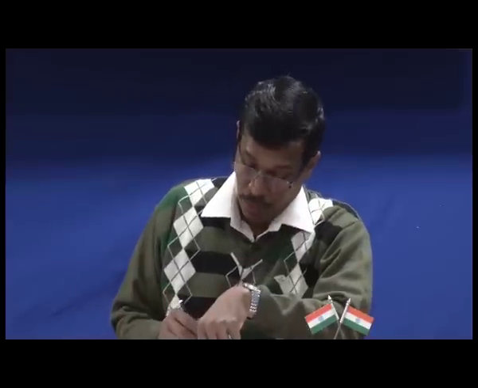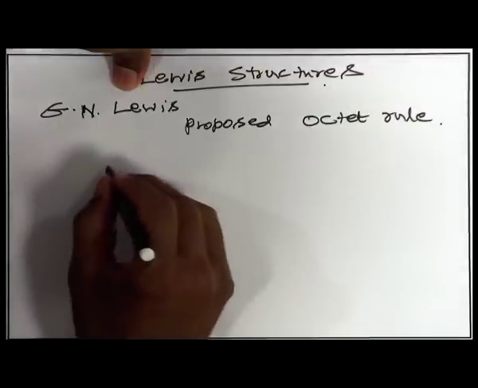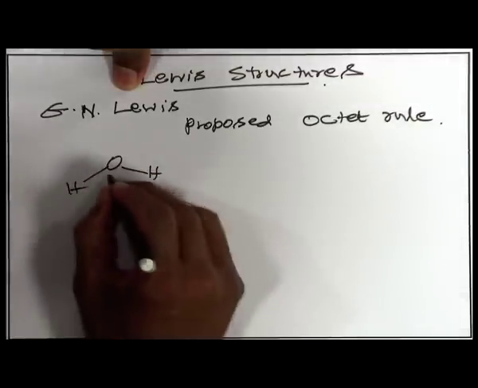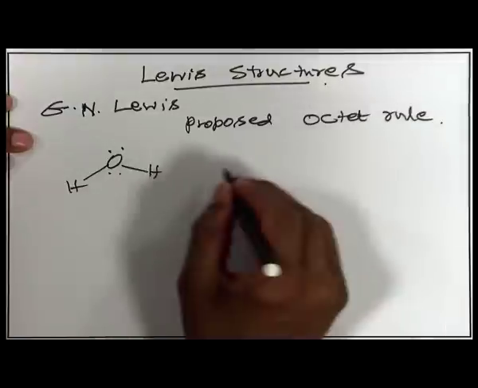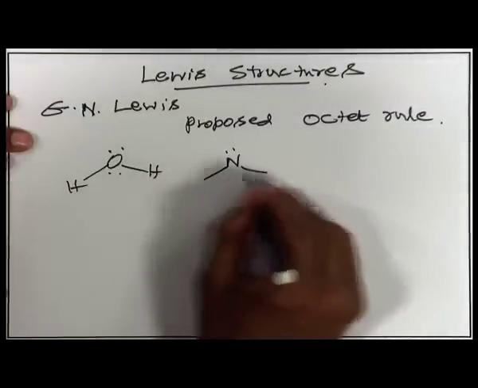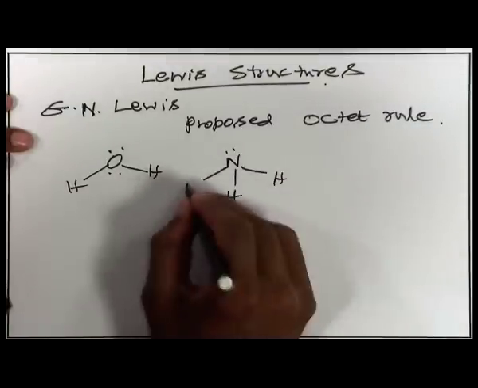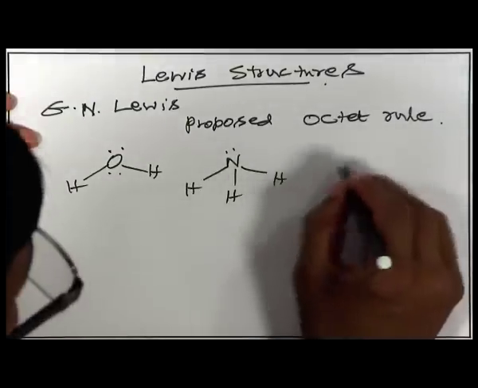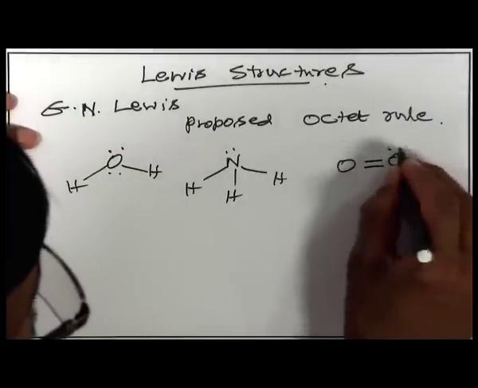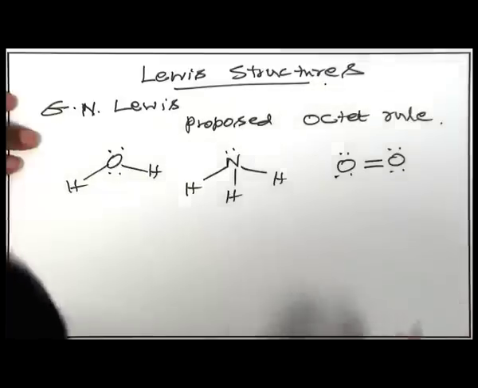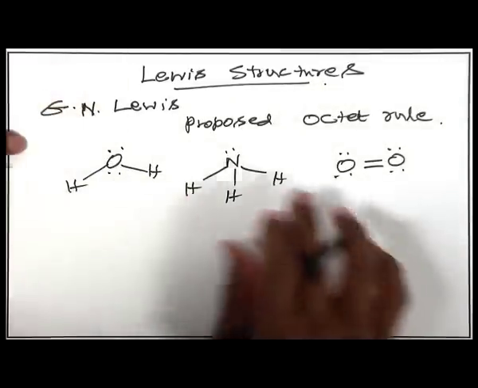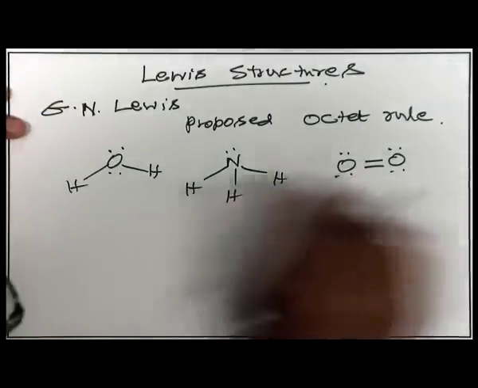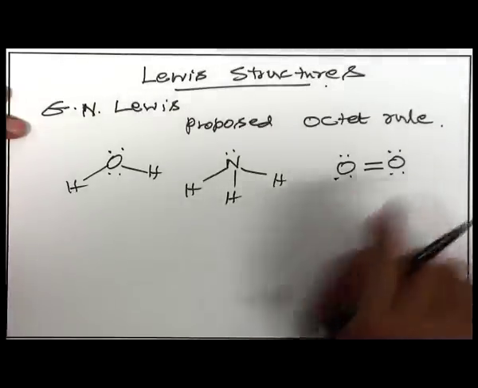For example, water, and then ammonia, and O2. These are molecules formed by the second row main group elements, and these molecules are very stable.